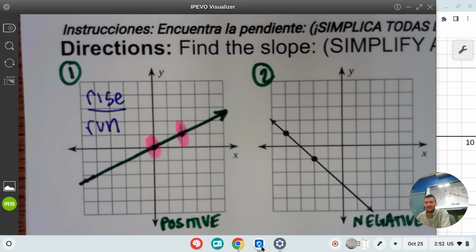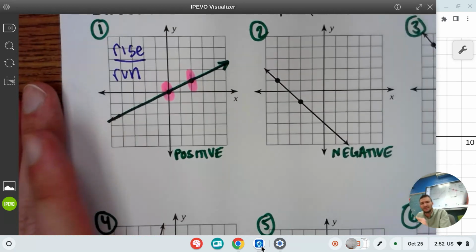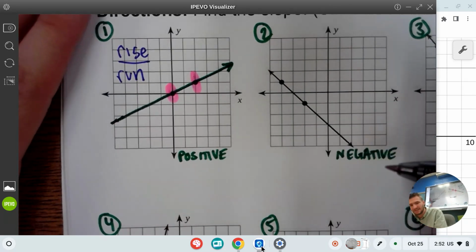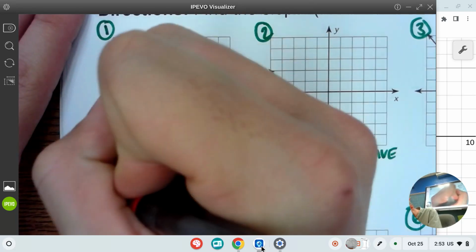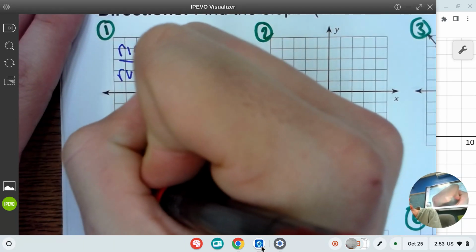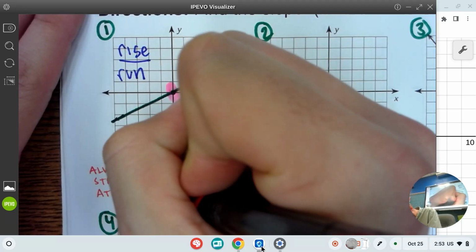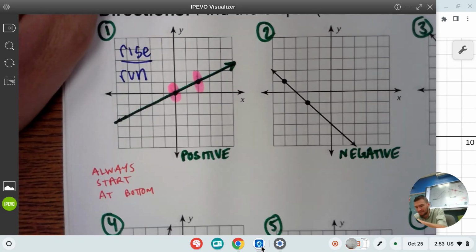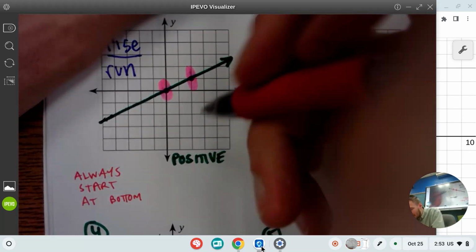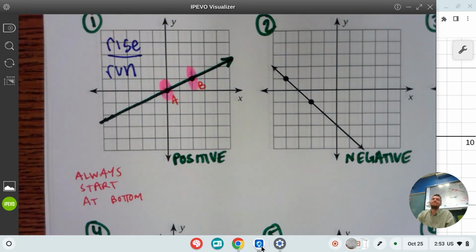Now, here is my advice. This is the only Mr. Collier specific advice that I got for you, and I think it's a good one, all right? I always start at the bottom. So, if I look at these 2 points, and I call these 2 points A and B, the reality is you can start wherever you want.